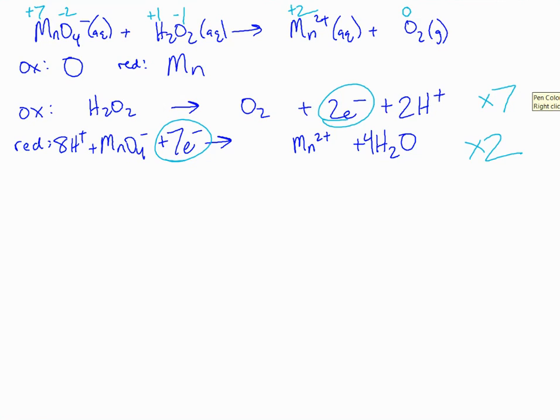So it might be better for us to just, rather than rewrite everything, and you can rewrite it if you want. But we multiplied everything here by 7, so 7, 7, 14, 14.